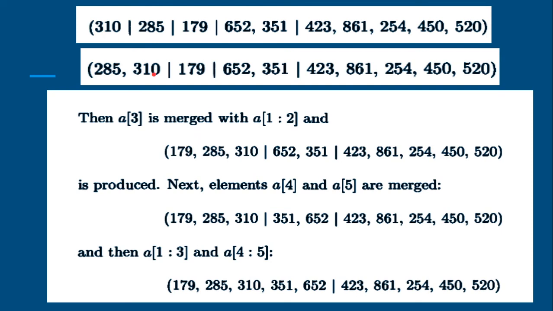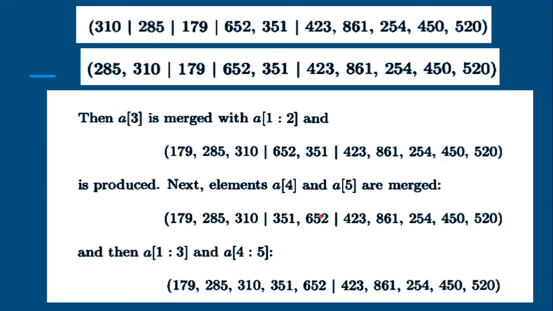Afterward, 310 and 285 are checked, and 285 is lesser than 310, so it comes in the second position, and then 310 comes in the third position. Now the subset A of 1 comma 3 is sorted. Now we have the next subset 652 comma 351. By checking, this is not in order, so this is exchanged and the list becomes 351 comma 652.